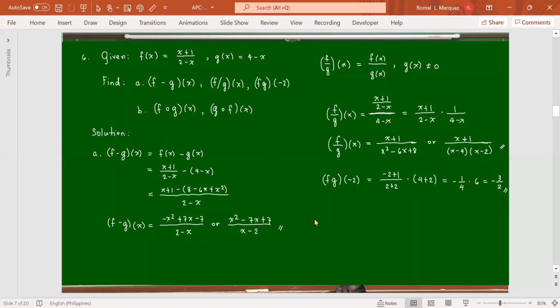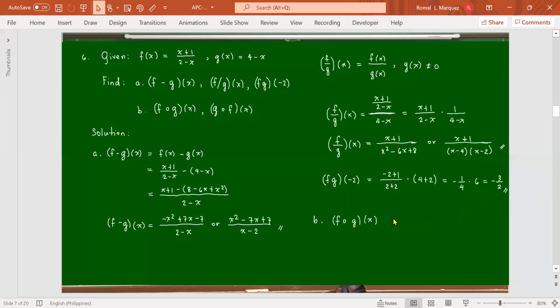What about letter C? Letter B, I mean. F circle G. How do we define F circle G of X, guys? Anyone? Guys, how do we place the values of F in the X of G? How do we define F circle G of X? So it is F of G of X, na?